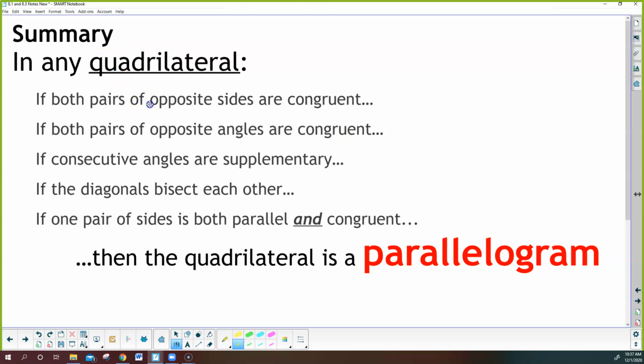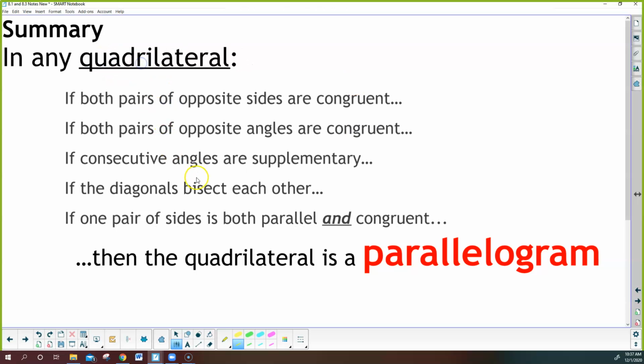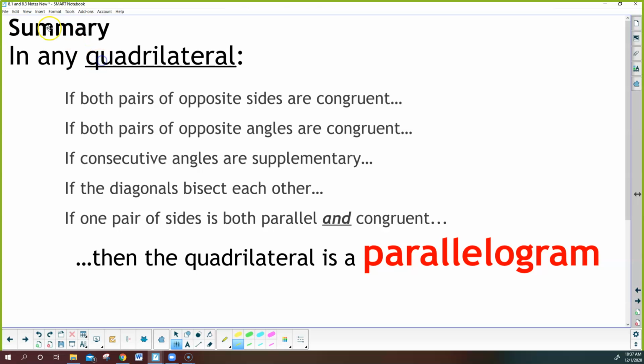Okay, so we just covered a lot. Here's what we covered, so I would like you to write this down. If you have a four-sided shape, look at how all of this is stated. We've got 5 properties. If both pairs of opposite sides are congruent, then it's a parallelogram.